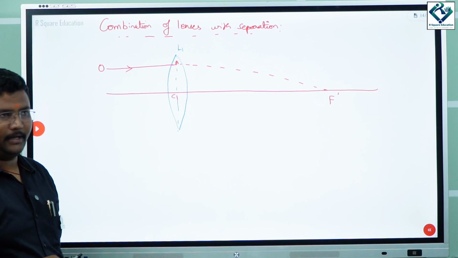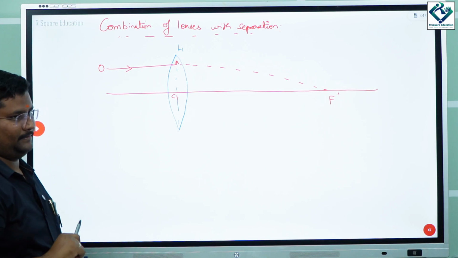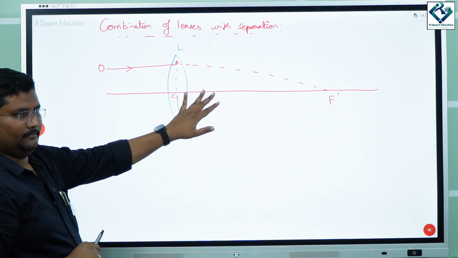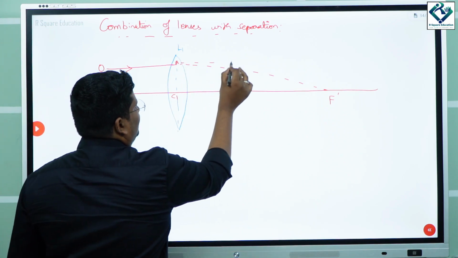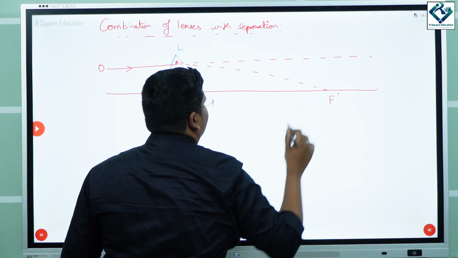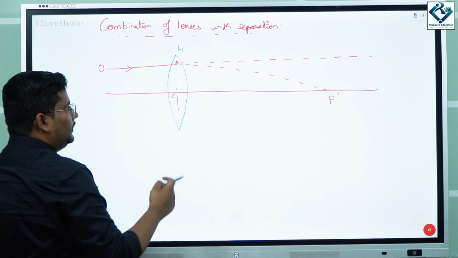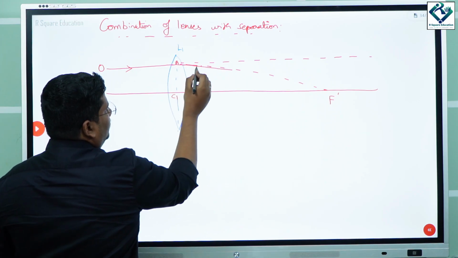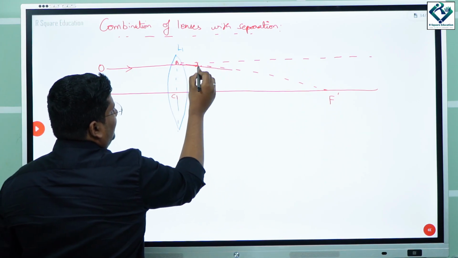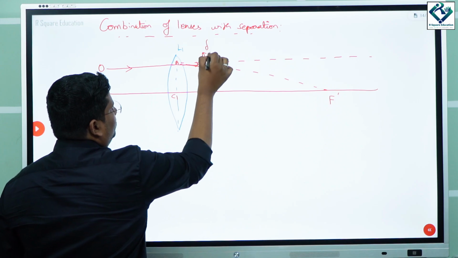Right? Okay, check. Suppose the light ray is not passing through this convex lens, the line would have been straight. Yes, but fortunately it has deviated. Correct? Then can I take the angle of deviation as delta 1?